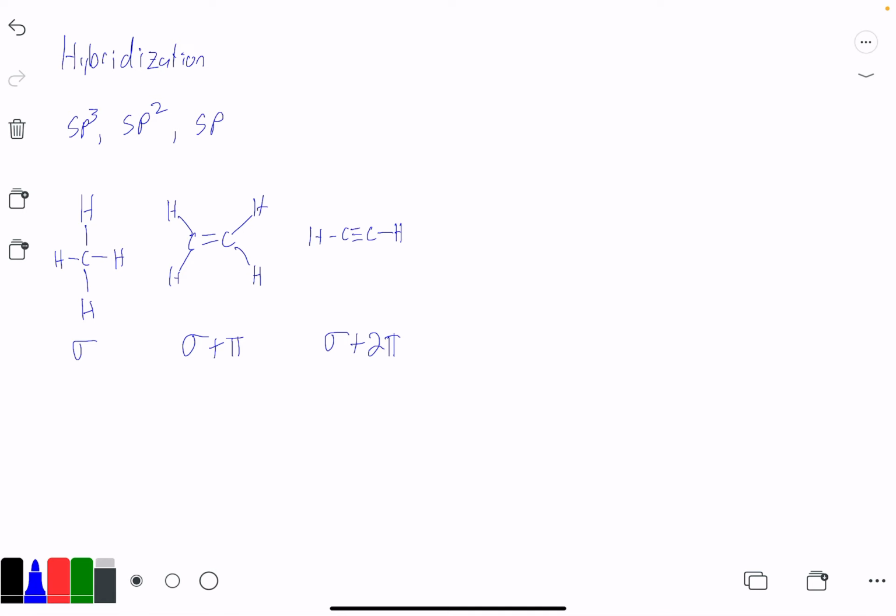Now, I mentioned that these have different geometries, okay? For methane, an sp3 hybridized carbon, we have tetrahedral. For ethene, this is called trigonal planar. And then for acetylene, we have linear. All right, and each one of these has a different bond angle.